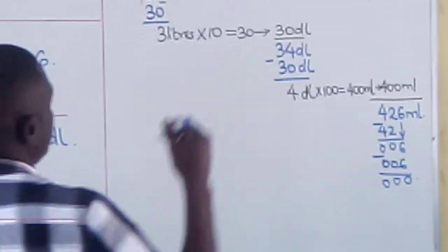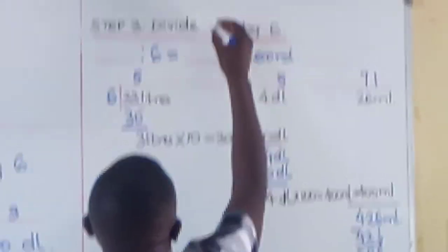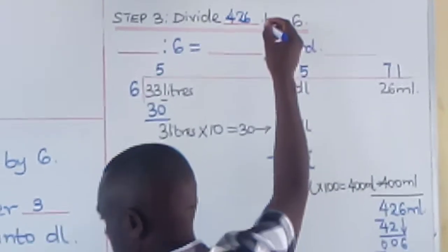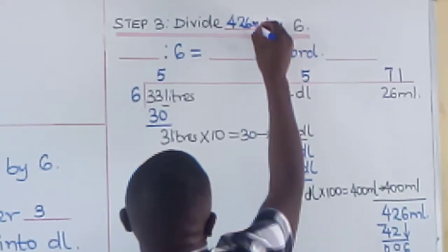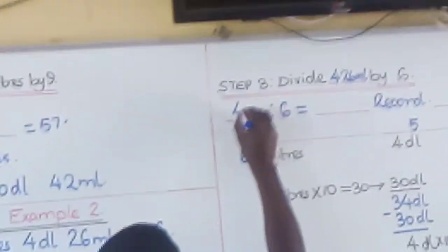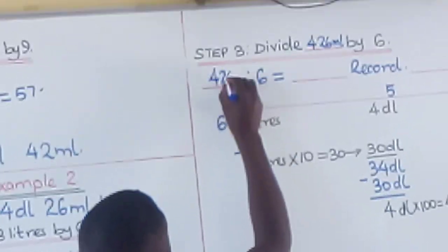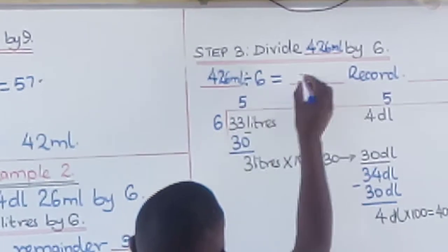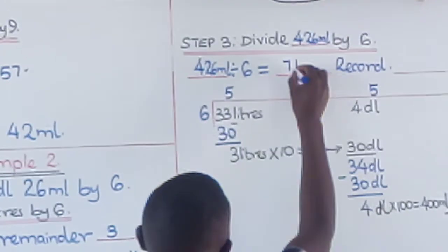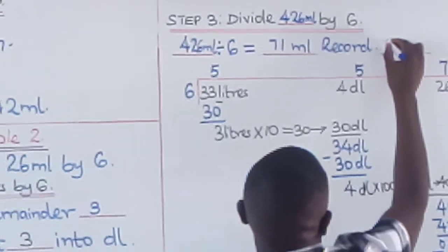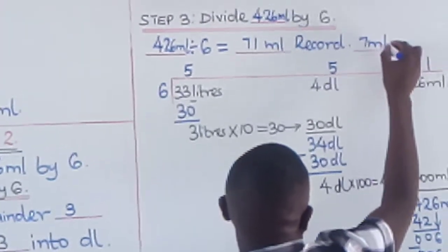So step 3, we already have done step 3, 426 milliliters divided by 6. We have said it is 71 milliliters. So we record 71 milliliters.